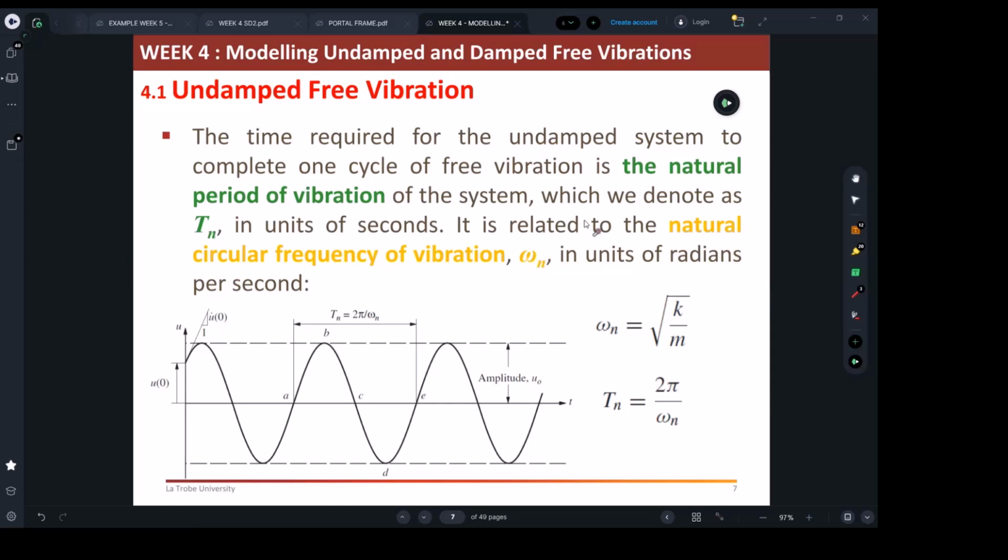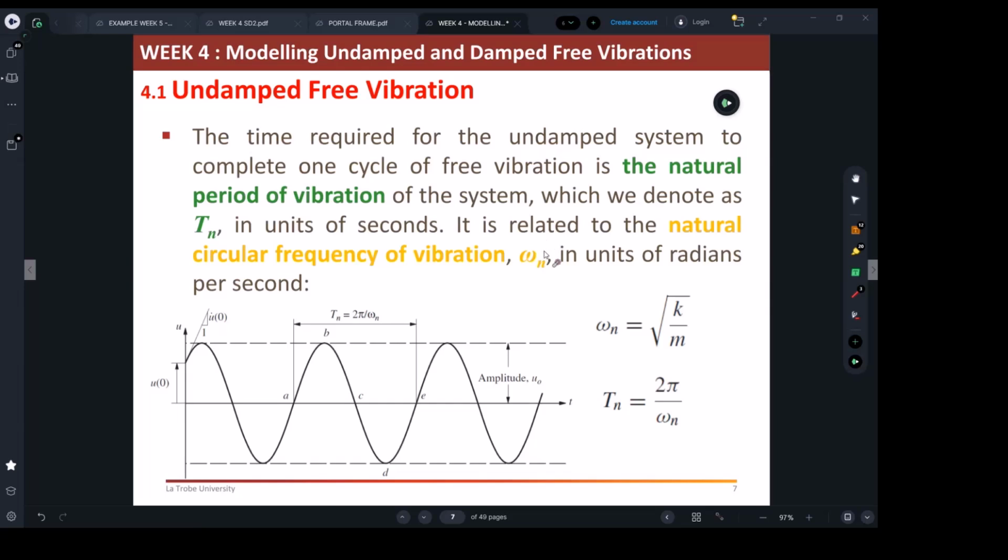Next week we're going to talk about frequency and omega again, but it's going to be the forced one, meaning it's coming from outside, from an earthquake or whatever. We need to make sure the natural frequency is not close to the forced frequency.